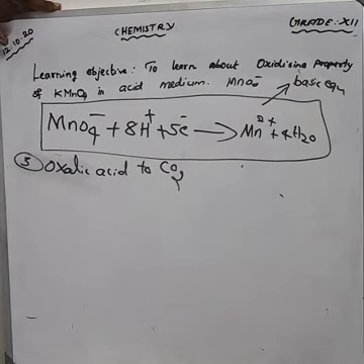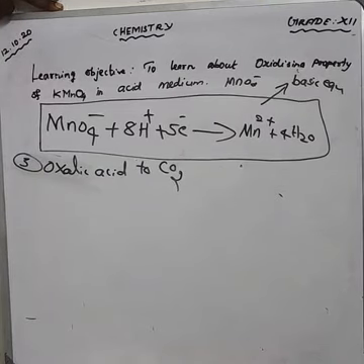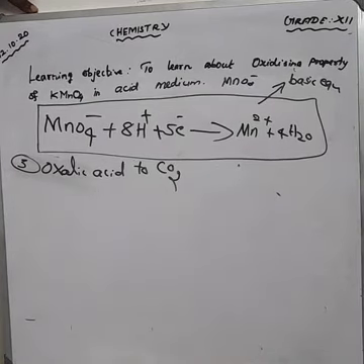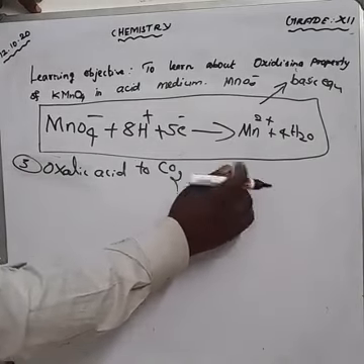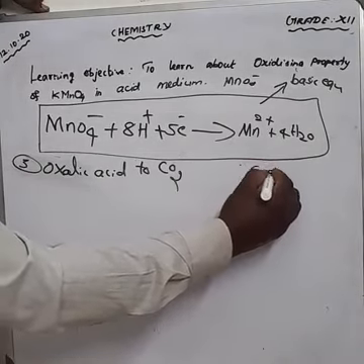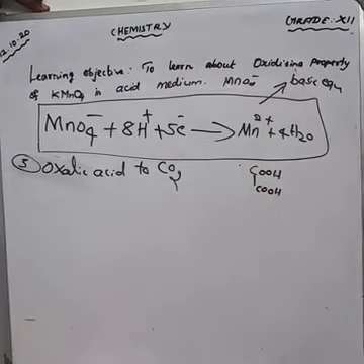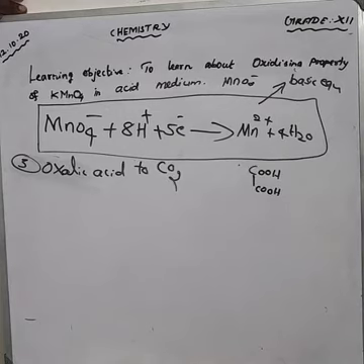How does the reaction go? Oxalic acid is a dicarboxylic acid, with the formula COOH-COOH. How much carbon is there? 2 carbon, 4 oxygen, and 2 hydrogen. Am I right? So that is oxalic acid.